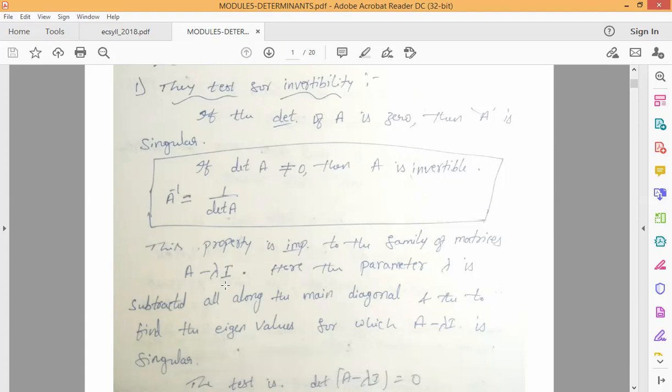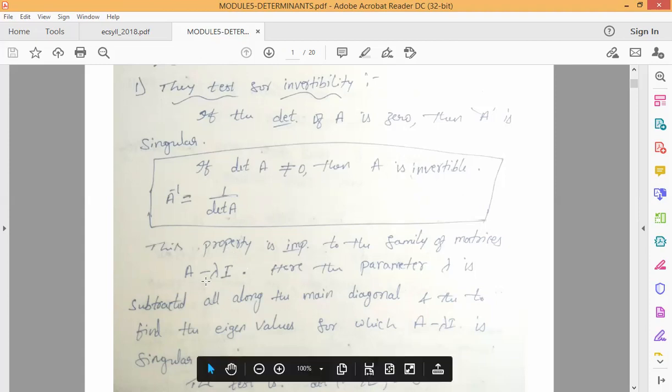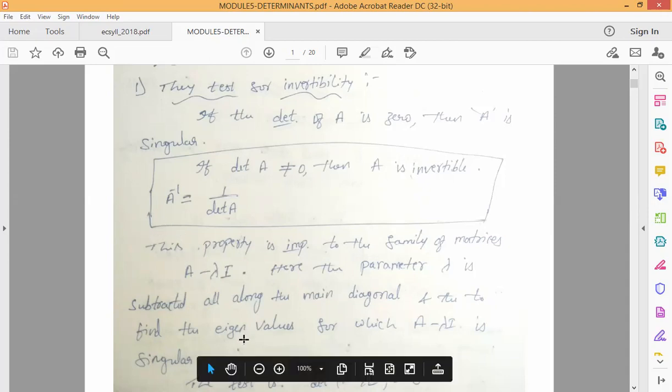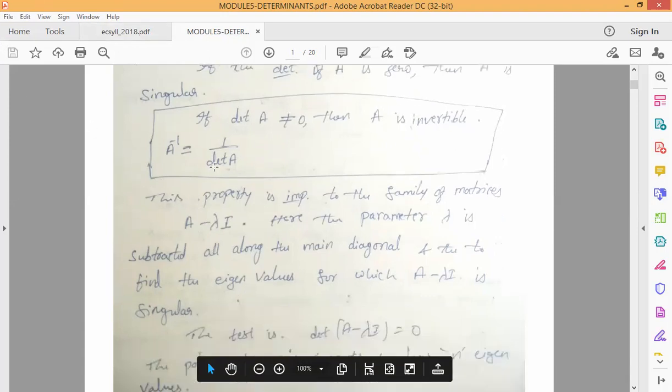As we know, in the identity matrix all the diagonal elements will be 1, and the other elements in the matrix will be 0. So lambda is subtracted from the diagonal elements of the matrix A, and it will help in finding the eigenvalue for which A minus lambda I is going to be singular.